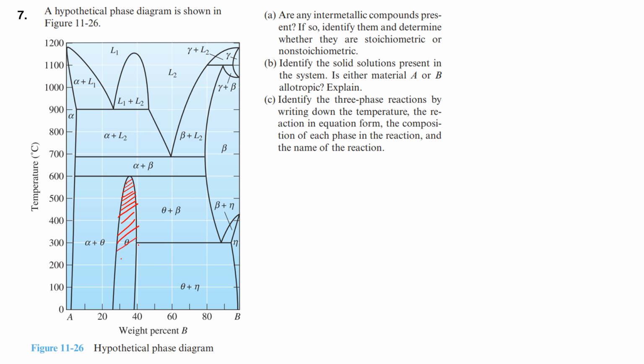This theta phase has an extended solubility in both A and B. That's the reason why instead of forming a simple line, it is widened to a region like this. So yes, there is an intermediate compound theta, and this theta is a non-stoichiometric intermetallic compound.